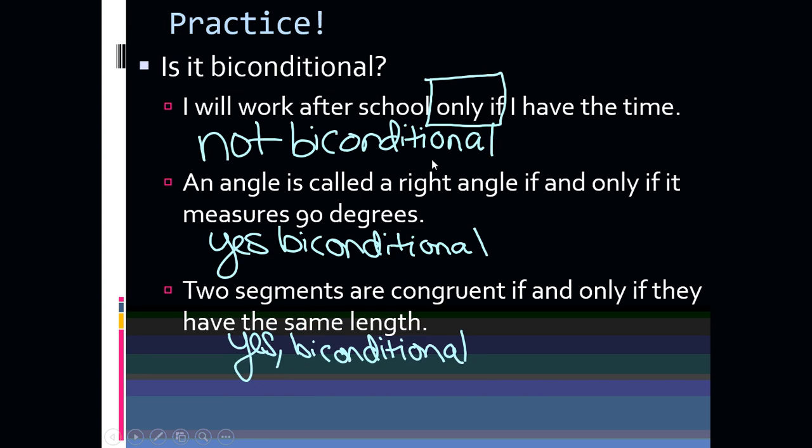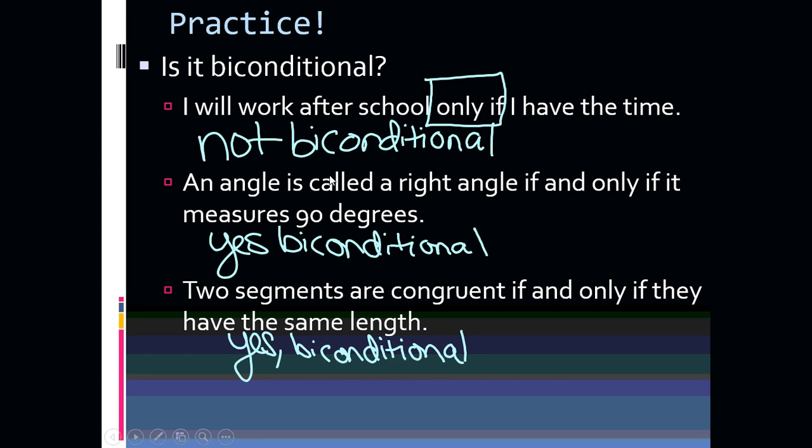So let's do some practice. Is it a biconditional? I will work after school only if I have the time. You need to have "if and only if." If you just see "only if," that is not a biconditional. An angle is called a right angle if and only if it measures 90 degrees. Is a 90 degree angle called a right angle? If you can reverse it and it's true, that's a biconditional. Yes, because a 90 degree angle is a right angle.